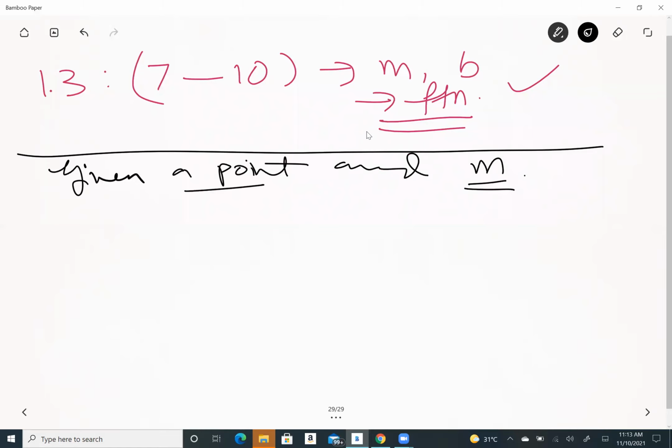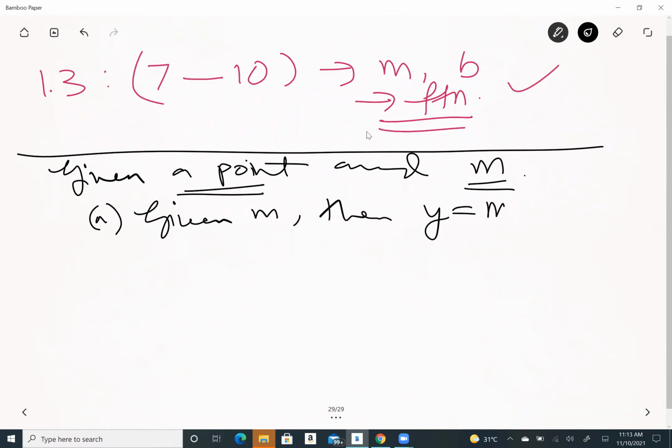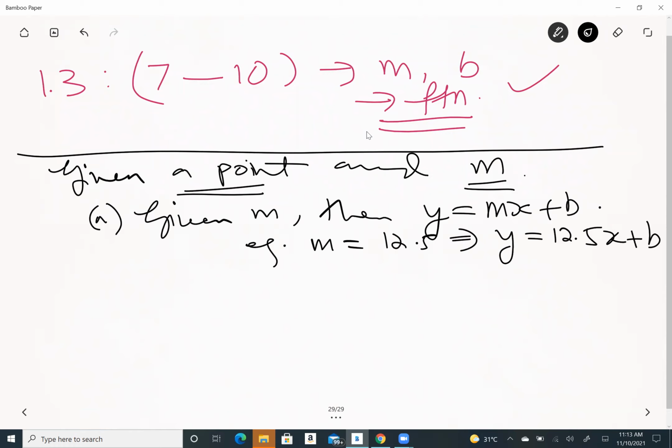So we can also determine the function. Number 1, given m, you have y equal to mx plus b. For example, m is equal to 12.5, then what you already have here is y equal to 12.5x plus b.